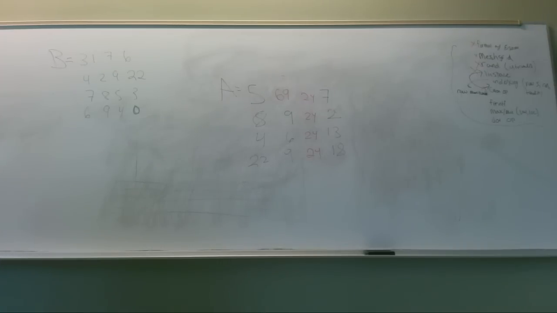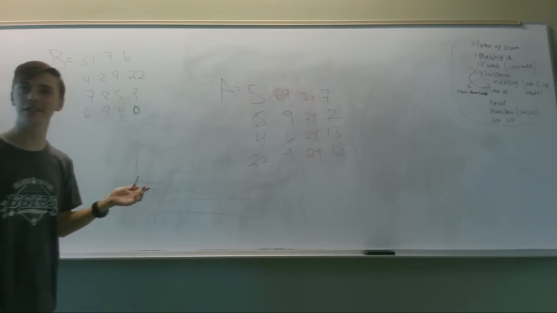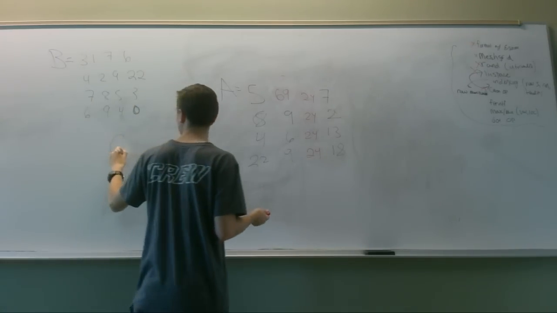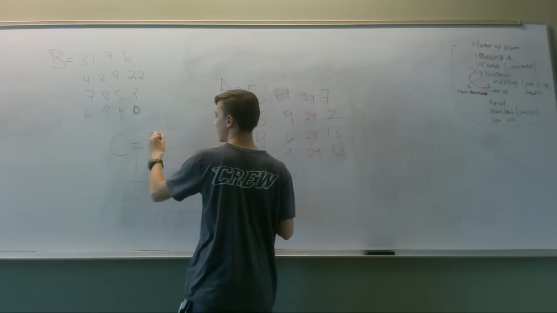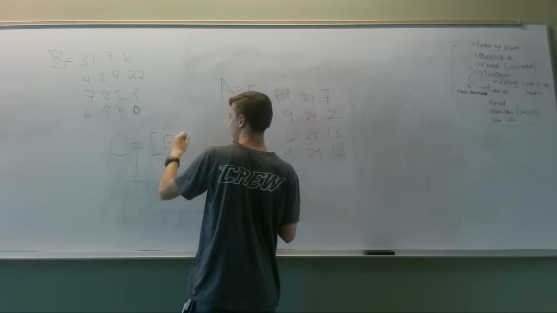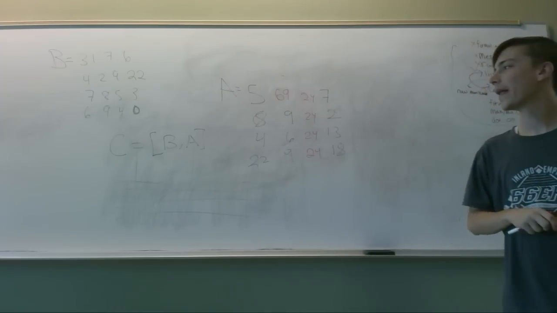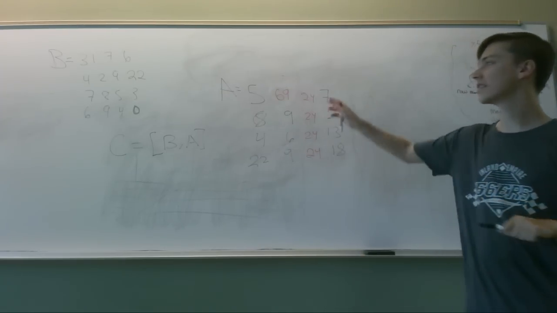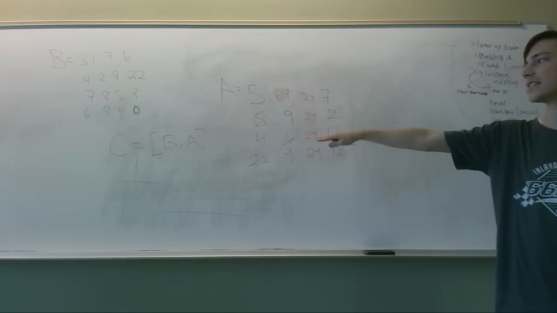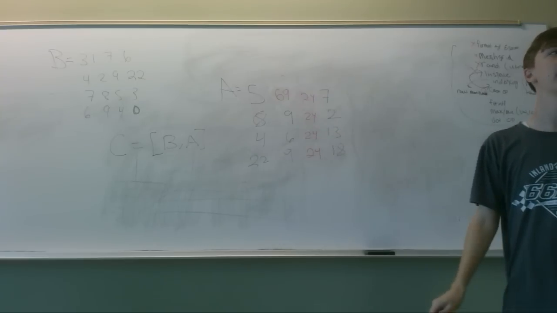All right, now let's say I make a matrix C equals B comma A. So I have two matrices, A and B, and I say C is going to be equal to B comma A. What does that do?